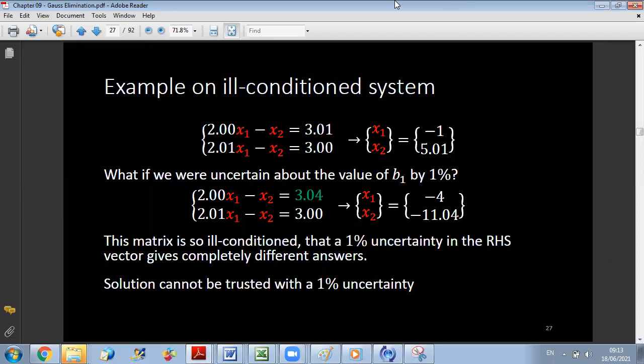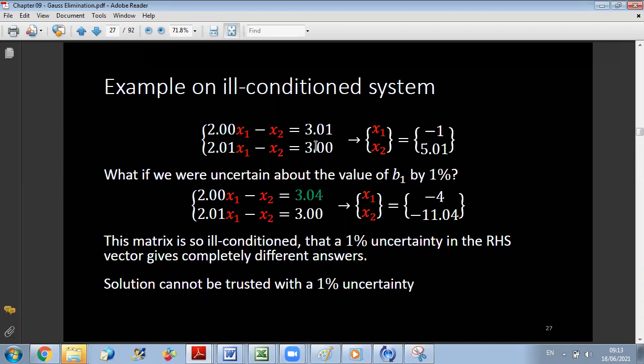Okay, another type of system we have seen together is the ill-conditioned system, and I told you that we will see this in an example. So what is mainly the characteristic of this system? This system will give us a solution, but we cannot trust it for certain, because the degree of uncertainty is very high.